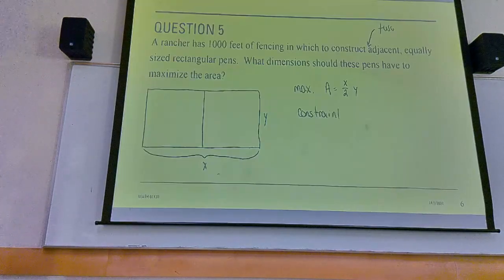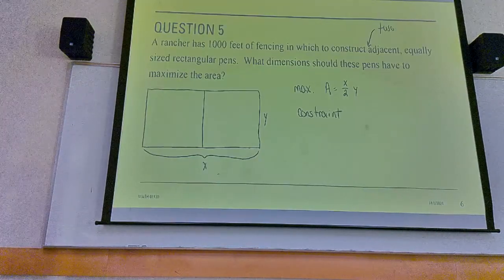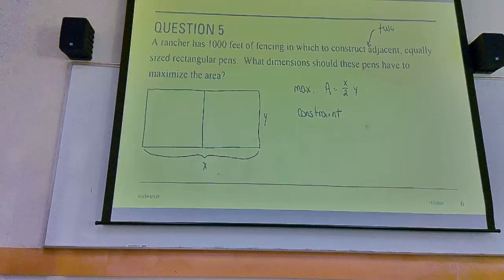And you said the constraint was what? The way I have it written down, 2x plus 3y has to equal 1,000. Now, do you want to solve for x or y?